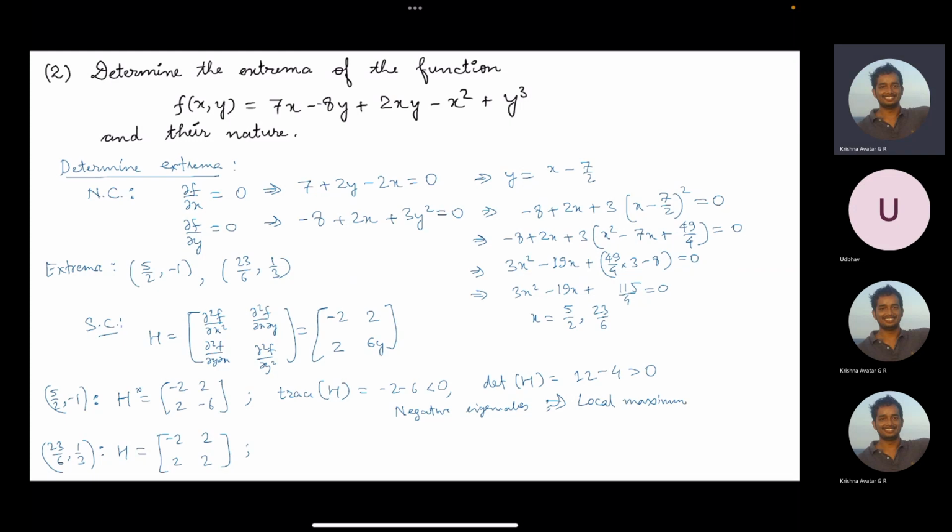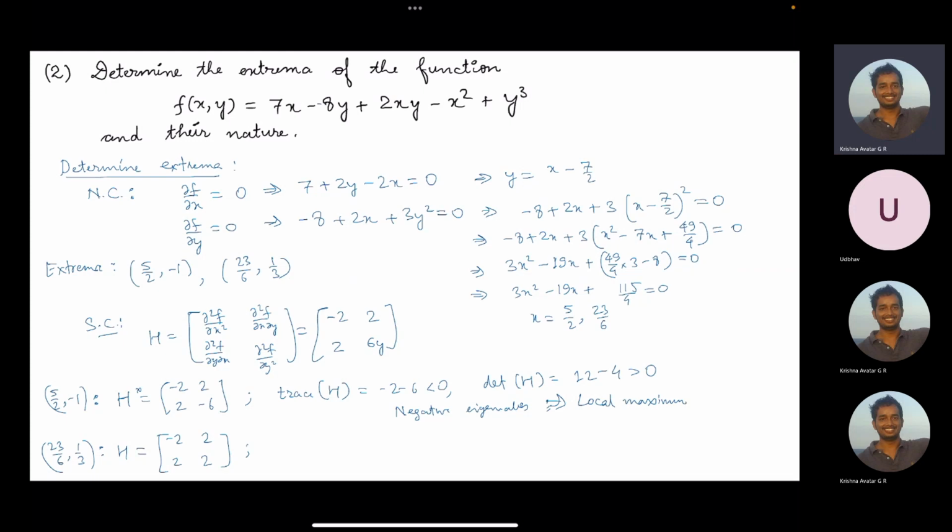For determining the extrema, the necessary condition states that the first derivatives of f with respect to x and y have to be 0. So del f by del x is equal to 7 plus 2y minus 2x equal to 0.